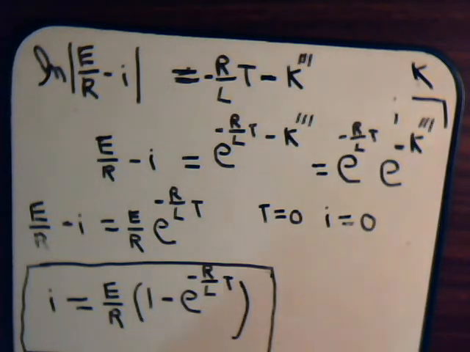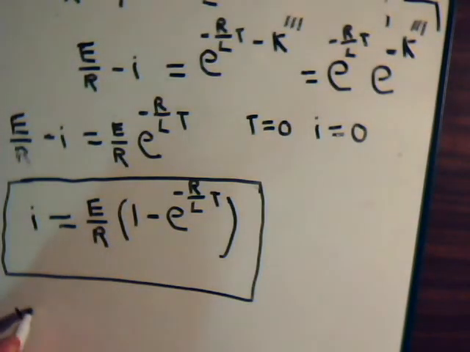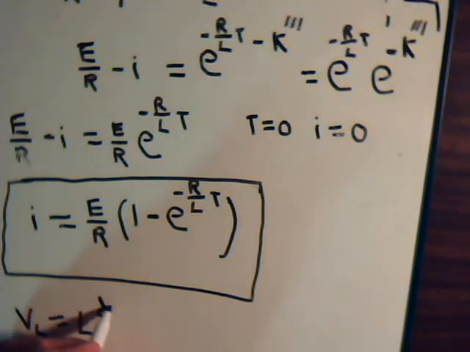What we'll do is think a little bit more about what this looks like if we tried to graph it. And then remember what the voltage, the induced voltage drop across the coil is. That's equal to L di dt.